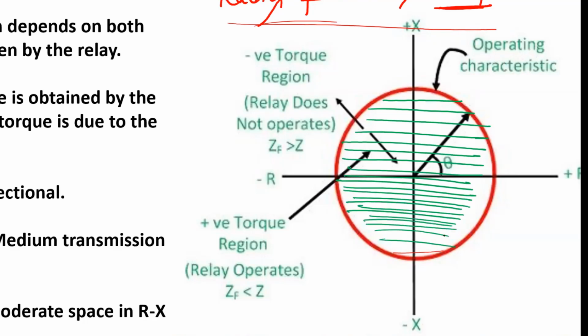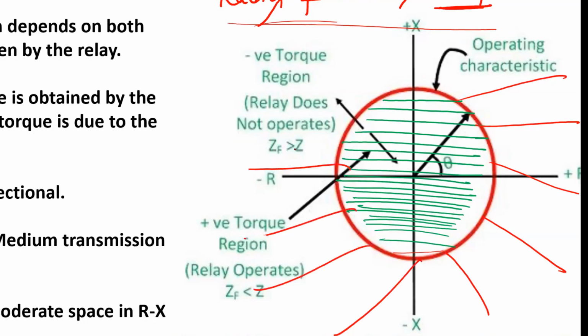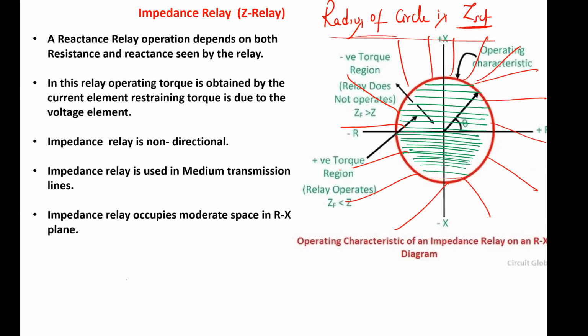So on the circle and outside the circle, the relay will not operate. That is the point. So this Z set is the radius of this circle. In the RX plane, the x-axis is resistance and the y-axis is reactance.